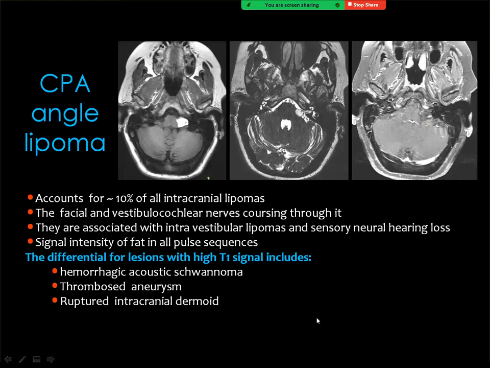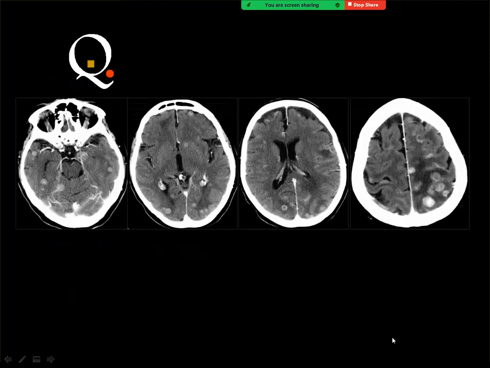Then the differential diagnosis may include hemorrhagic acoustic neuroma, which will not show fat suppression in fat suppressed images. Thrombosed aneurysm will also not be suppressed in the fat suppression. With a ruptured intracranial dermoid cyst, you get fat signal in the subarachnoid spaces, and this is one of the criteria, as the dermoid tends to cause leak into the CSF spaces.